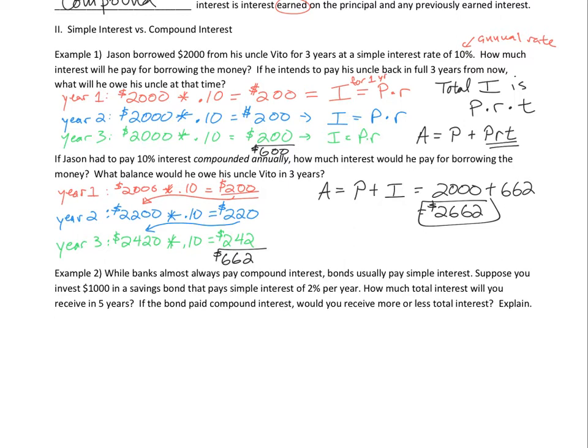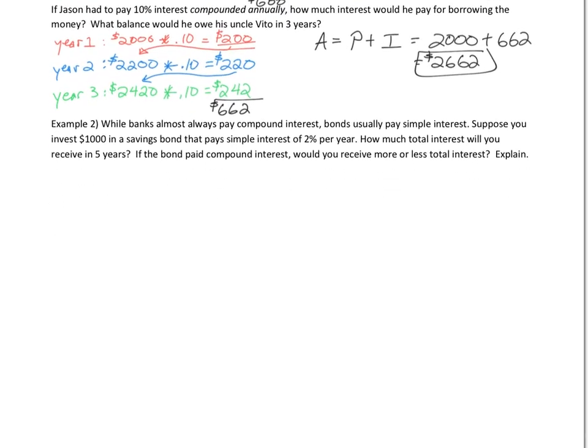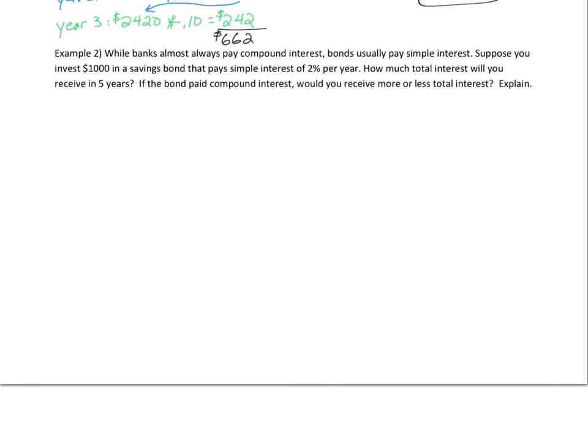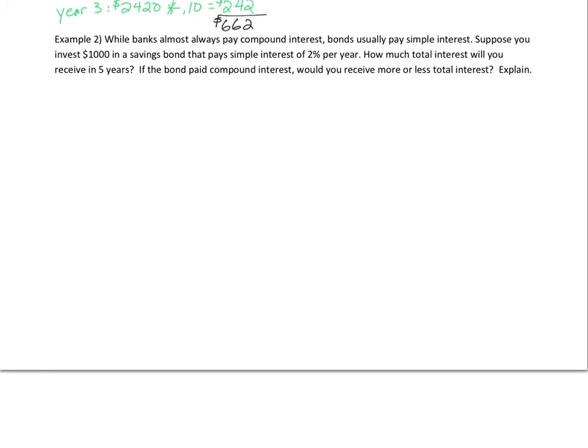For the next example, you see we have example 2 here. This says, while banks almost always pay compound interest, bonds, which is an investment tool used by big companies and people can invest in bonds, usually pay simple interest.